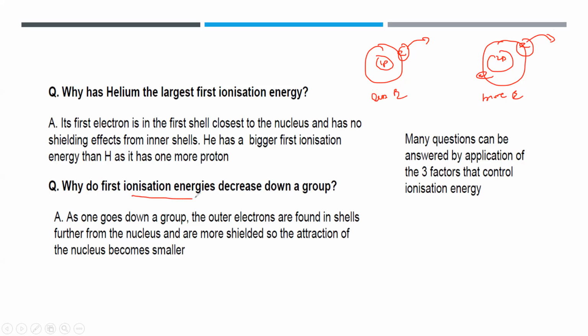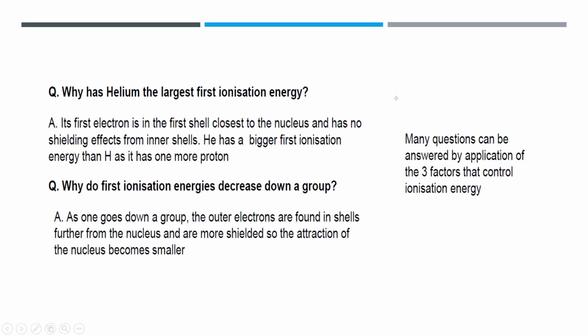And why does the first ionization energy decrease down the group? Because when elements belong to the same group, they have the same number of electrons in the last shell.